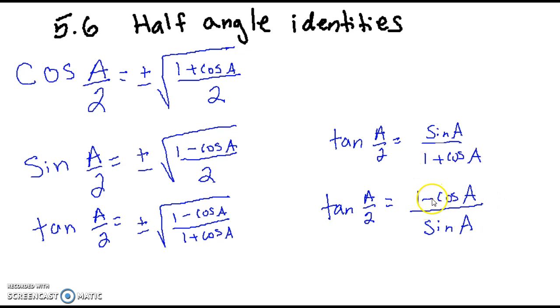Now, where is this derived? Let's derive the first 2 half-angle identities. I'm going to walk back through one of our double angles.